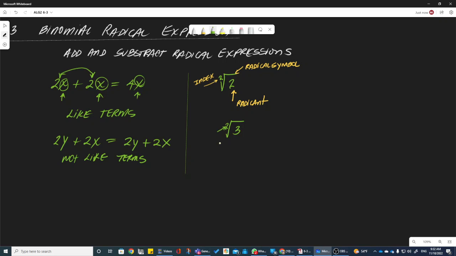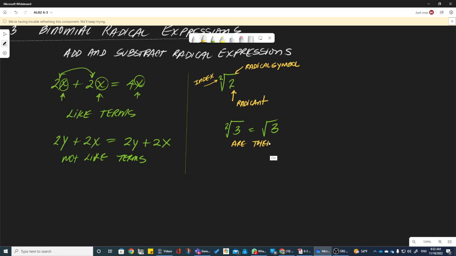So these two expressions are the same. That is not the case with other numbers because you can have any kind of number here, etc.